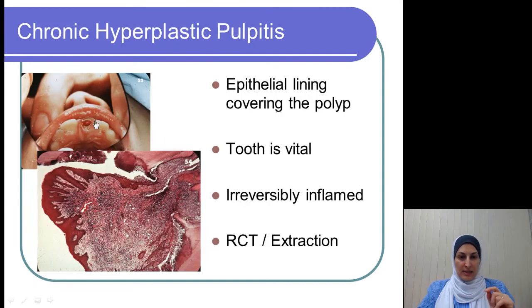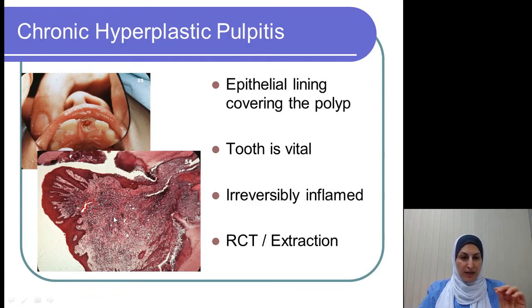And this is another case of a pulp polyp formed after trauma affecting the central incisor. If we look at it in histopathology, we can see the inflamed pulp, lots of inflammatory cells. So obviously this pulp is irreversibly inflamed.